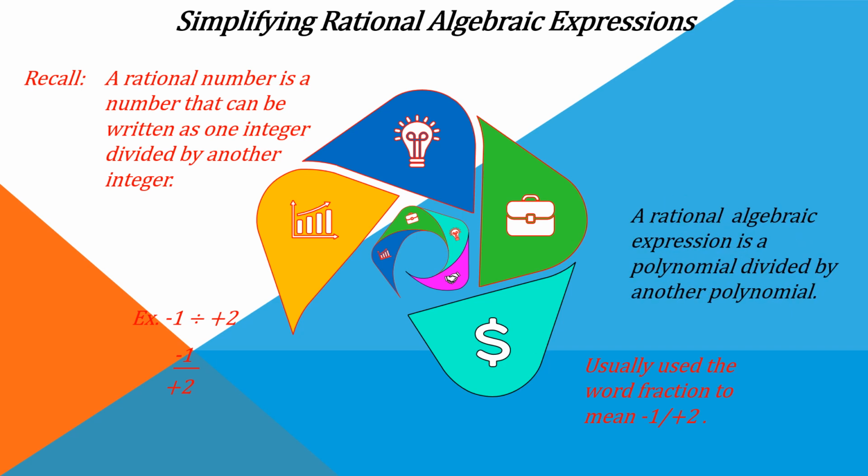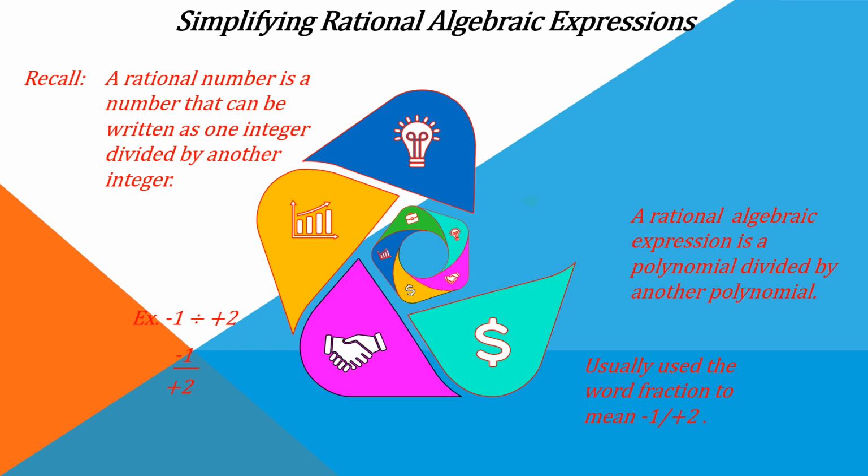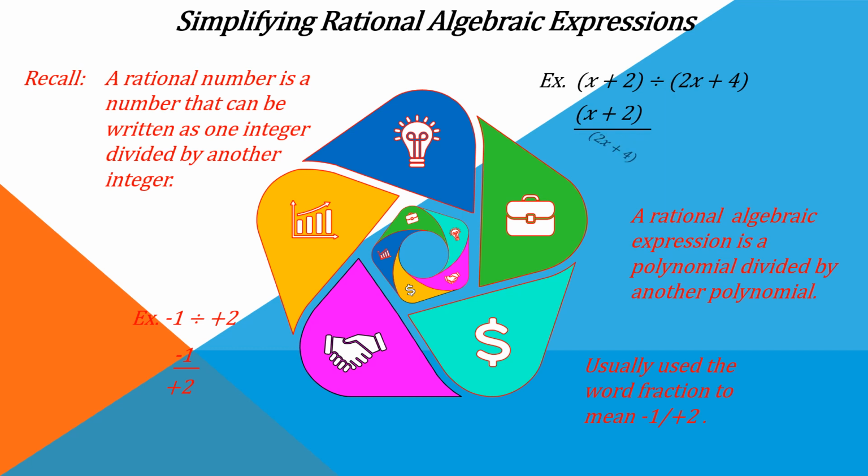And a rational algebraic expression is a polynomial divided by another polynomial. As I have said, a polynomial is composed of two or more terms. For example, quantity x plus 2 divided by quantity 2x plus 4, or quantity x plus 2 over 2x plus 4.